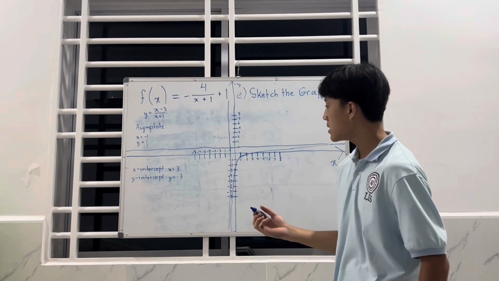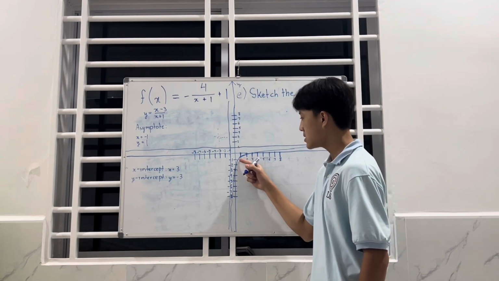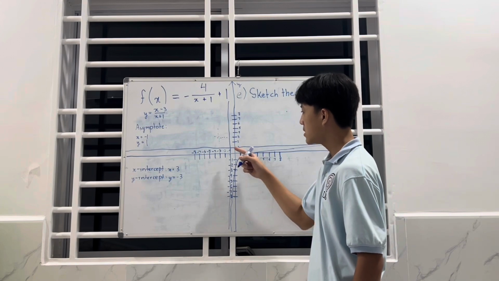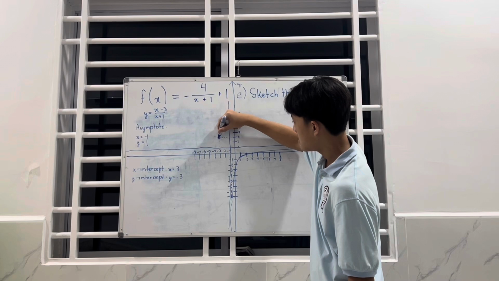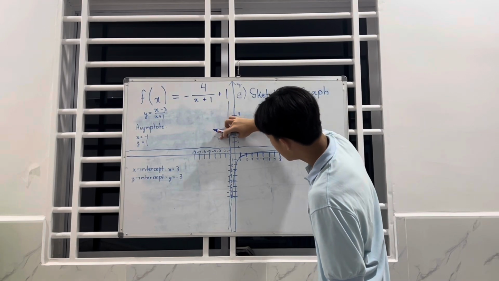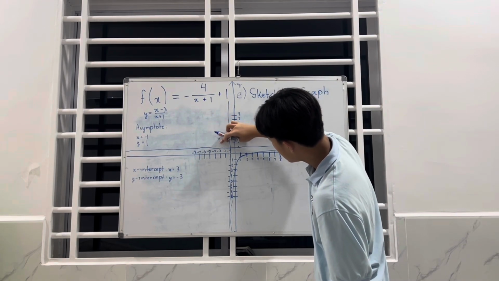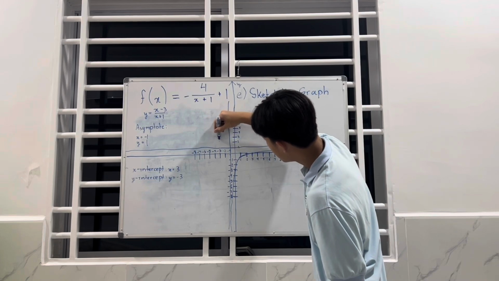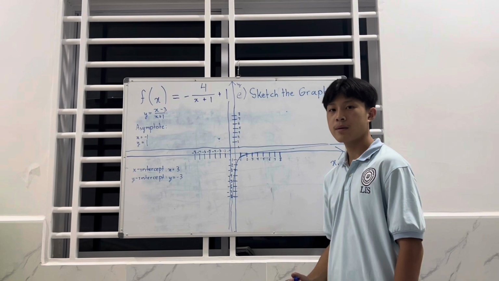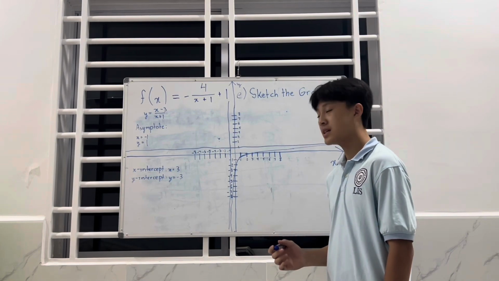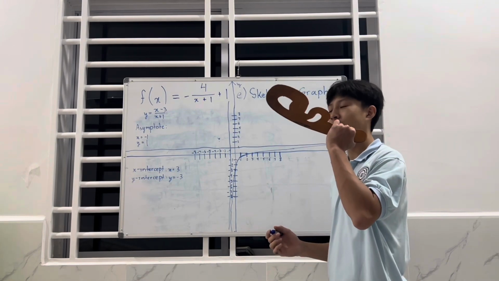As you can see, the translation of this point is right here. And after we have this middle point, or this vertex, we can draw with this parabola.